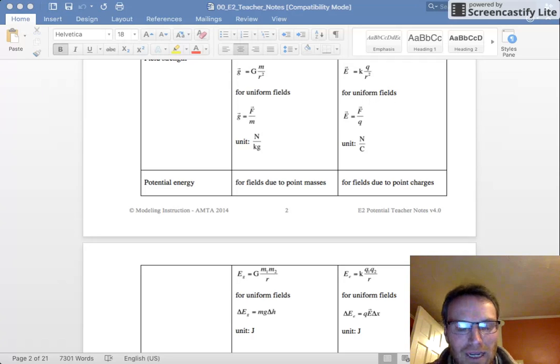And so I guess my thinking is that the higher up you are from the surface of the Earth, the more energy per kilogram exists because more work needs to be done.